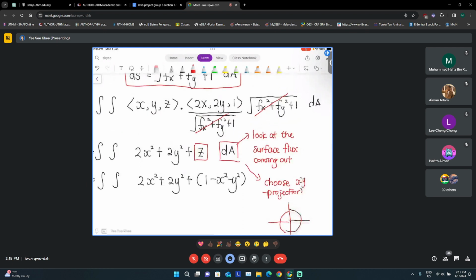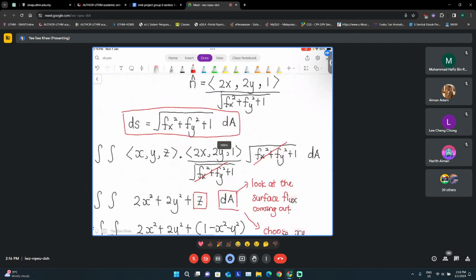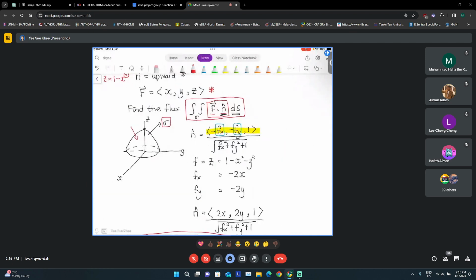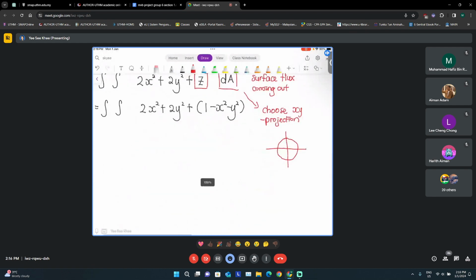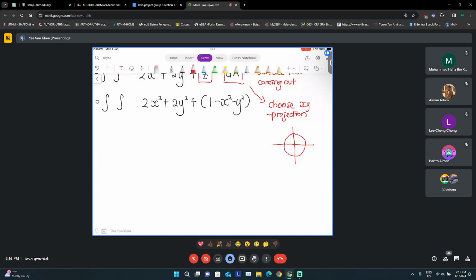And what is the radius of the circle? Let's have a look. When you go to the XY projection, basically you will see this circle, which is located at the position z equals 0. So if you want to know the radius, this is the equation of your paraboloid.